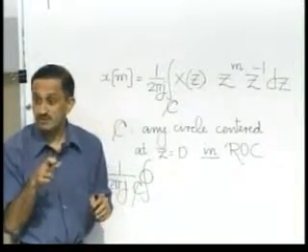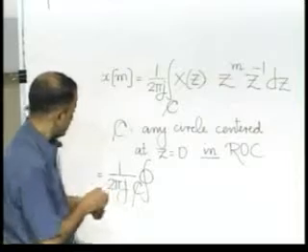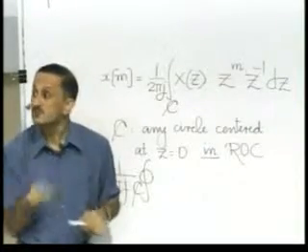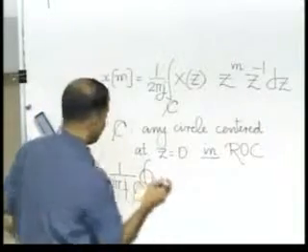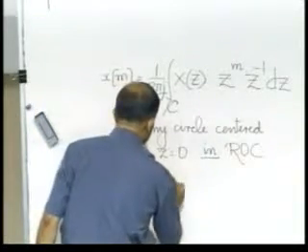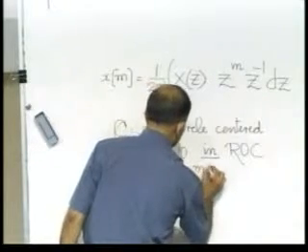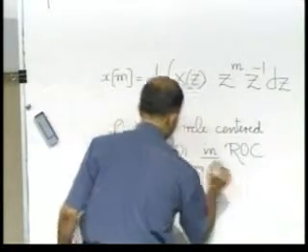A closed contour is a contour where you start from a point and return to the point. So, X(z) z raised to the power m minus 1 dz.